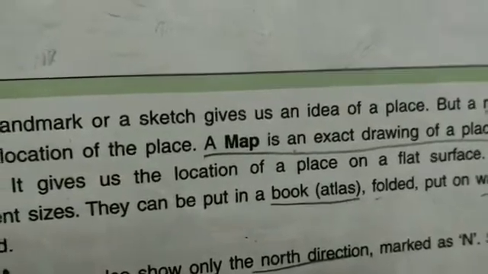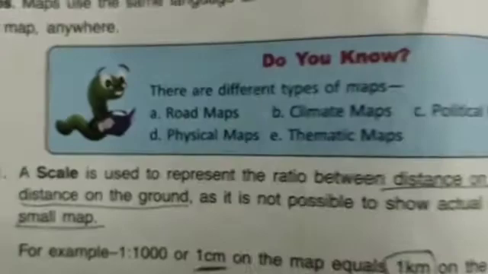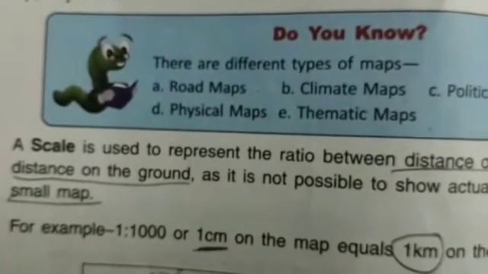But the language used by a map is the same all over the world, so that everyone can read a map anywhere. A scale, what is scale? As I explained in the previous video, scale is used to present the ratio between distance on a map and the distance on the ground.